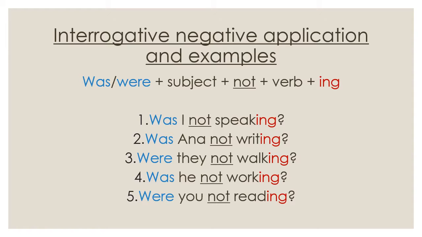Number 1. Was I not speaking? Number 2. Was Anna not writing? Number 3. Were they not walking? Number 4. Was he not working? Number 5. Were you not reading?